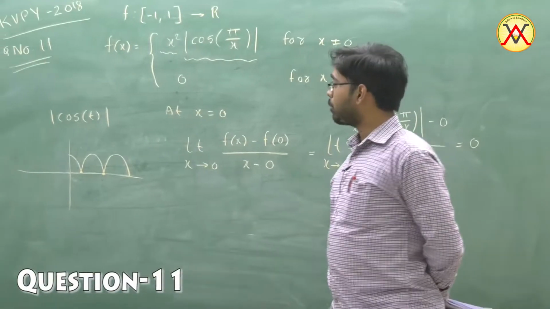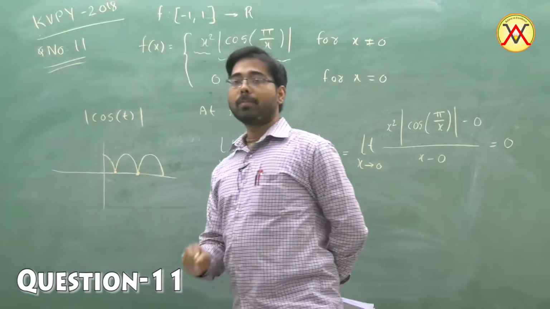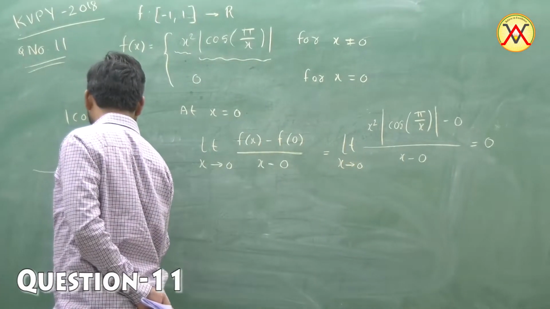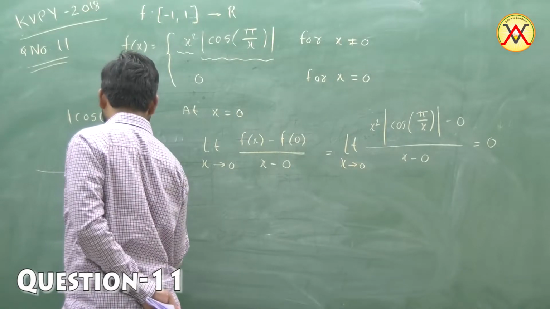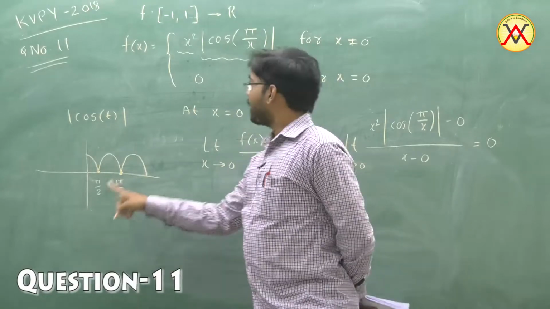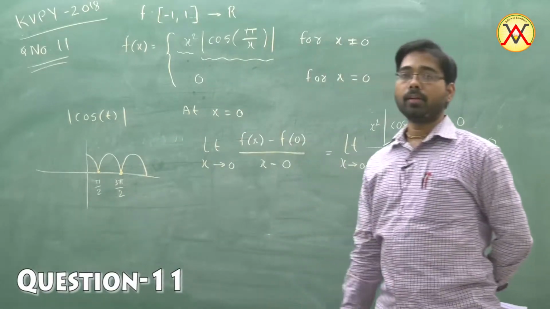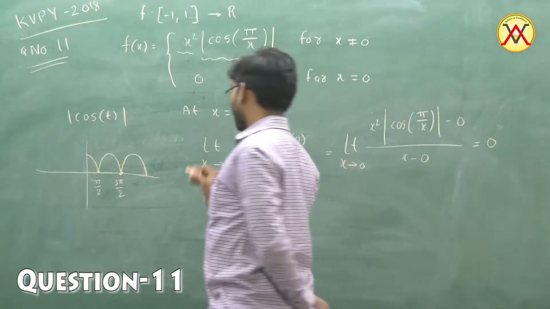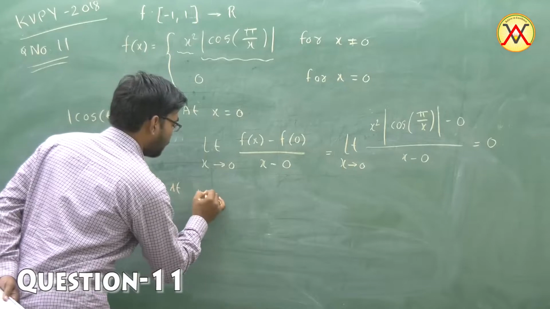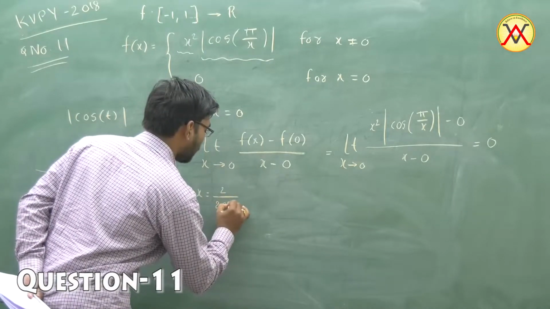Now let us come to these points where t is some odd multiple of pi by 2, for example pi by 2, 3 pi by 2, and so on. When t is an odd multiple of pi by 2, that means x must be something like 2 upon an odd integer. So let's say at x equal to 2 upon 2n plus 1.